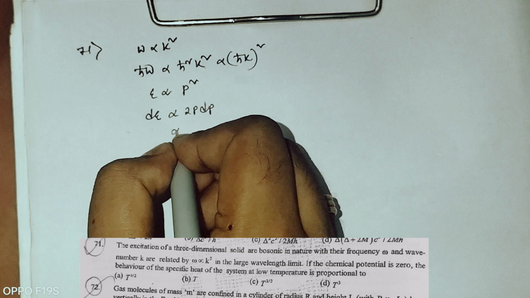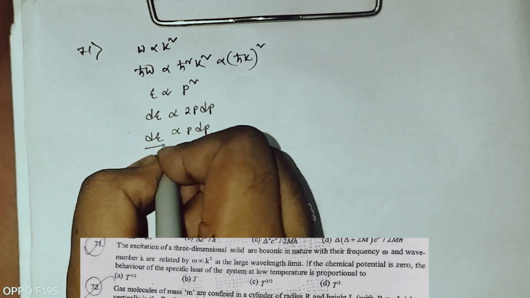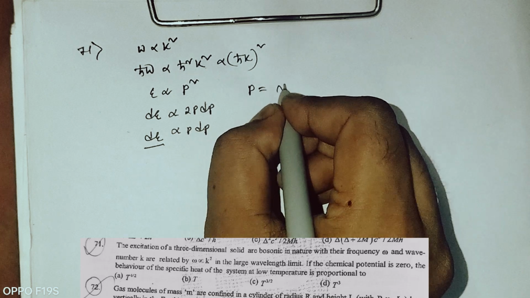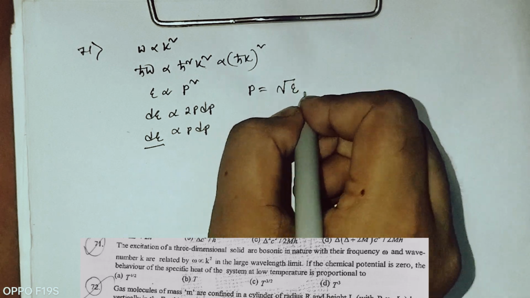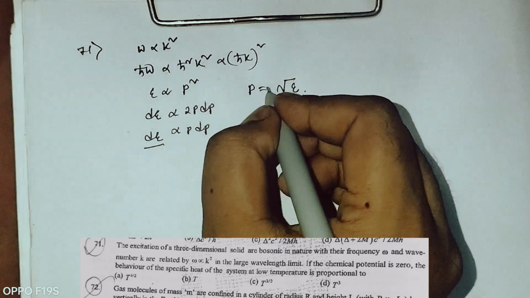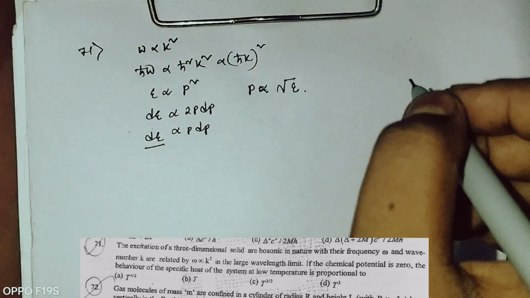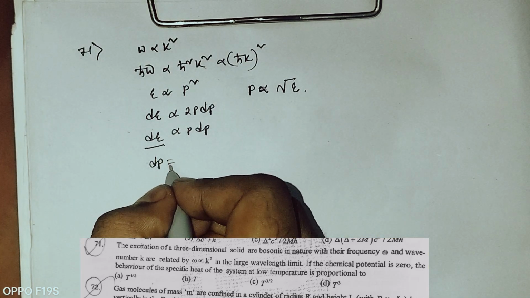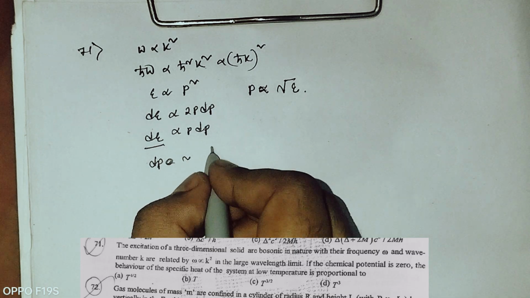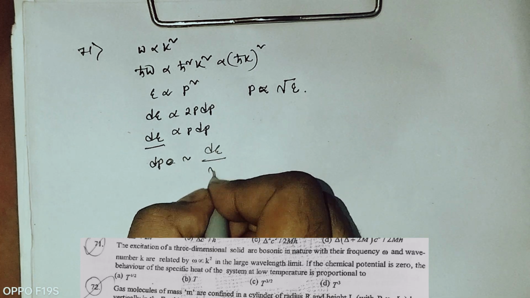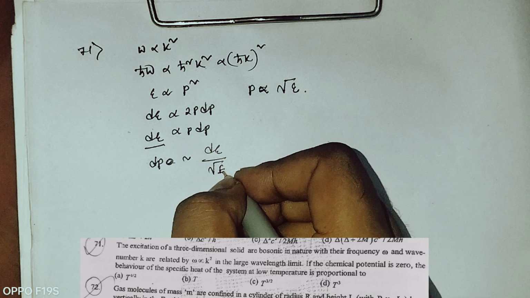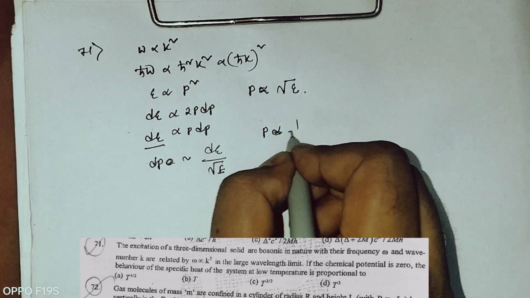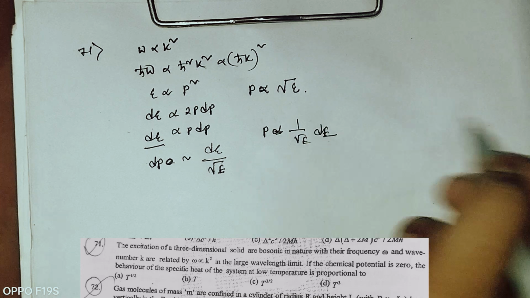This 2 is constant, so p dp. And p varies as root epsilon. From here you can write dp varies as d epsilon by root epsilon.